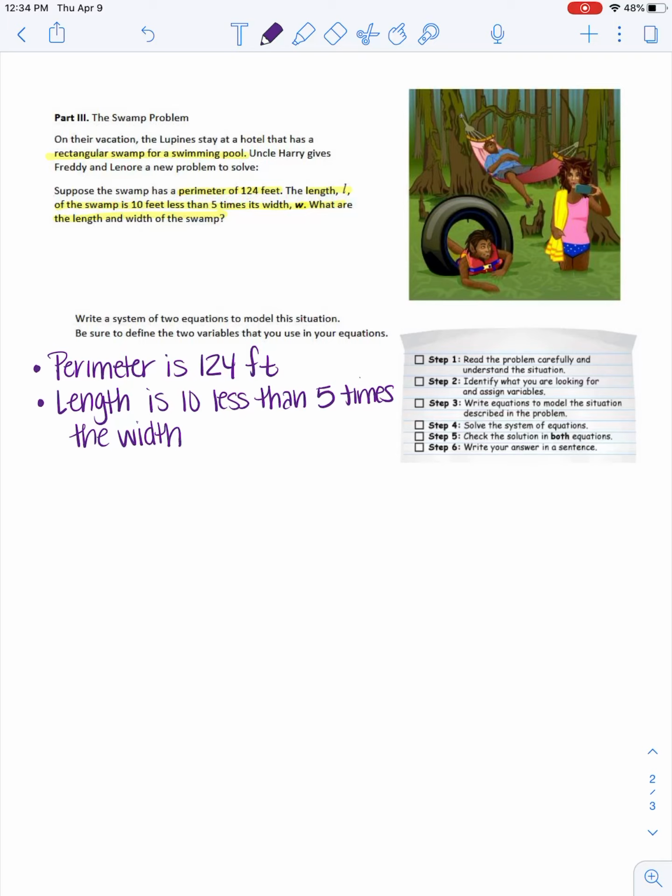There's some other things that we know. We know that perimeter is 2 times the length plus 2 times the width. And in case you didn't know that or remember that, there it is. And we also know that we are looking for the length and width. Okay, so that is our step 1.